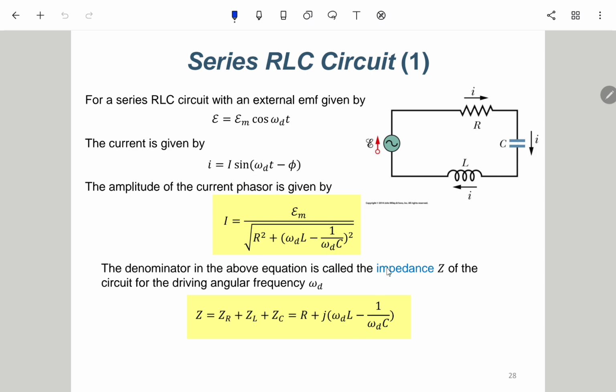So why do we write it like that? On the right side we have RLC in series, which means we can use the series formula Z equals Z_R plus Z_L plus Z_C. For series impedance, we just add them together.